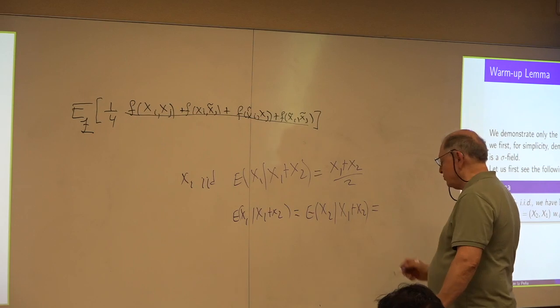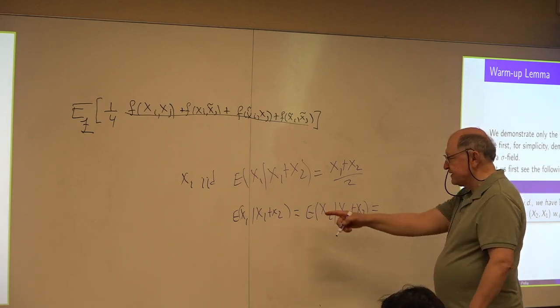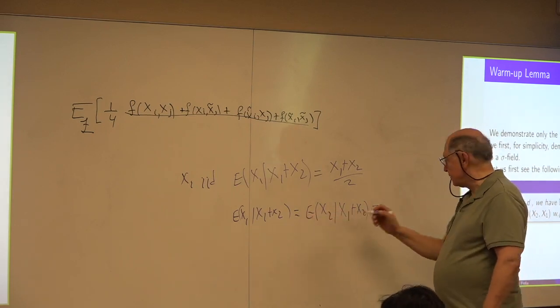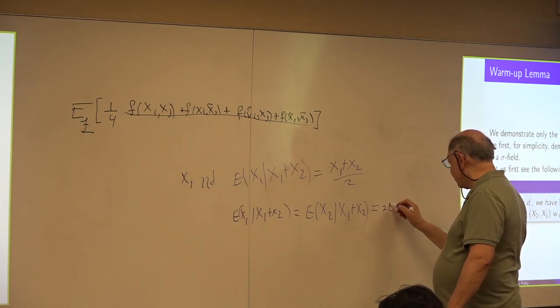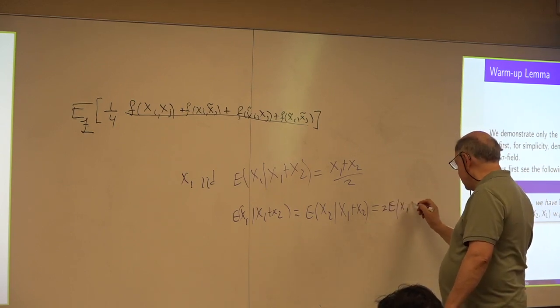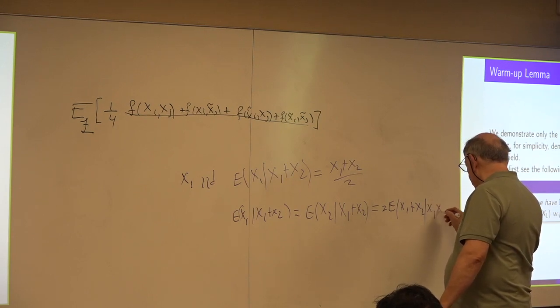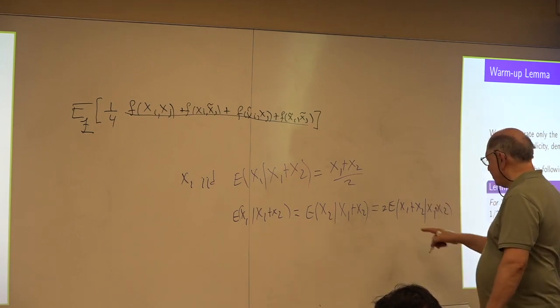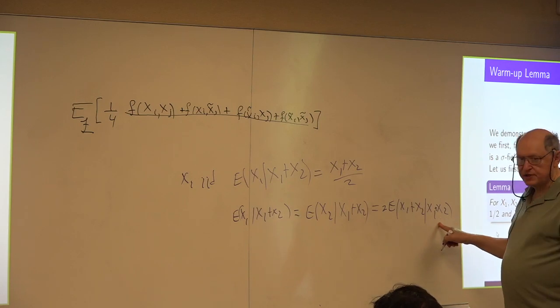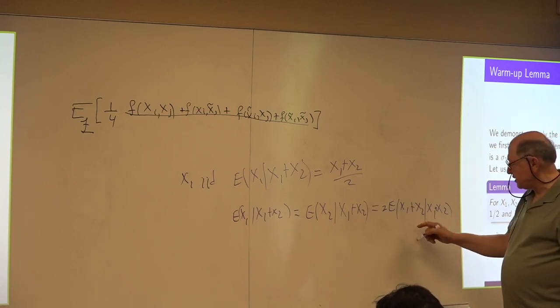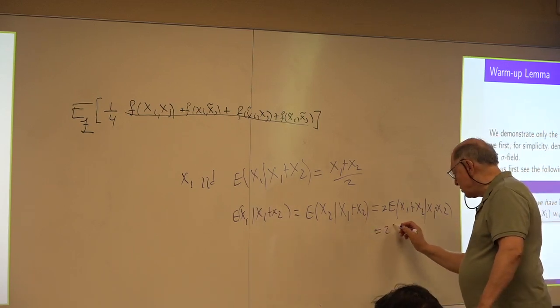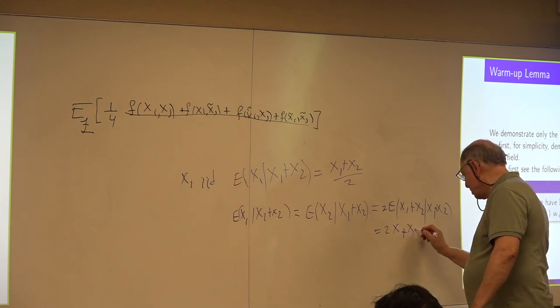So if I sum these two, I get the expected value of x1 plus x2 given x1 plus x2. Because I'm conditioning on the same variable, this becomes just x1 plus x2.